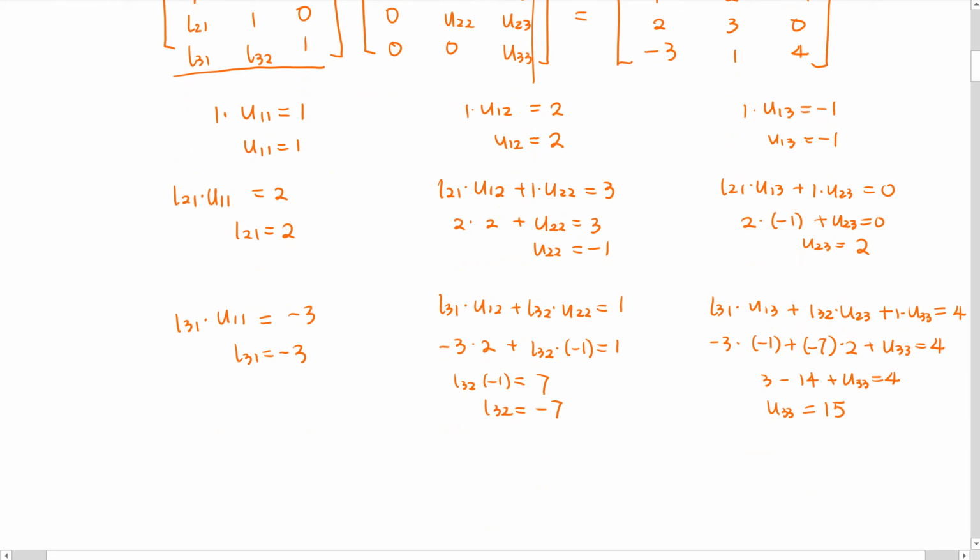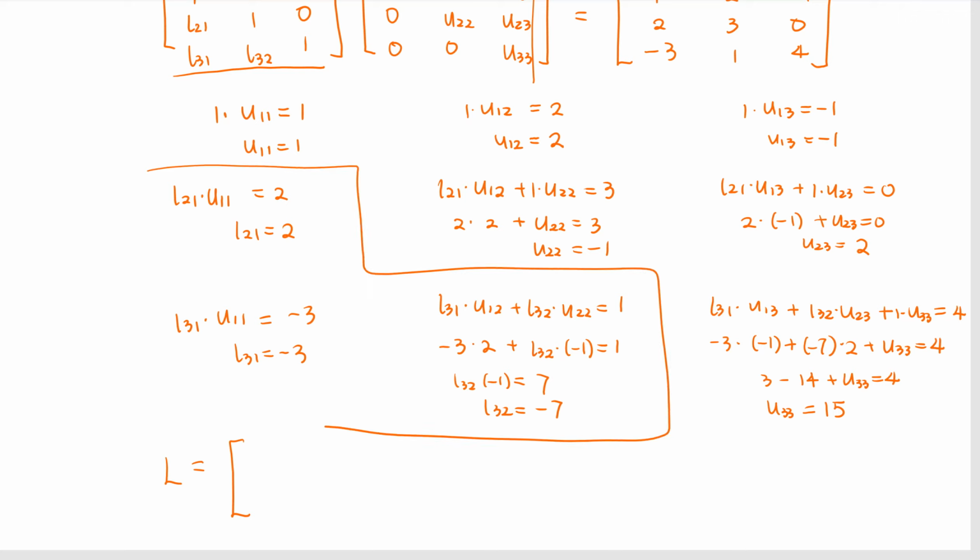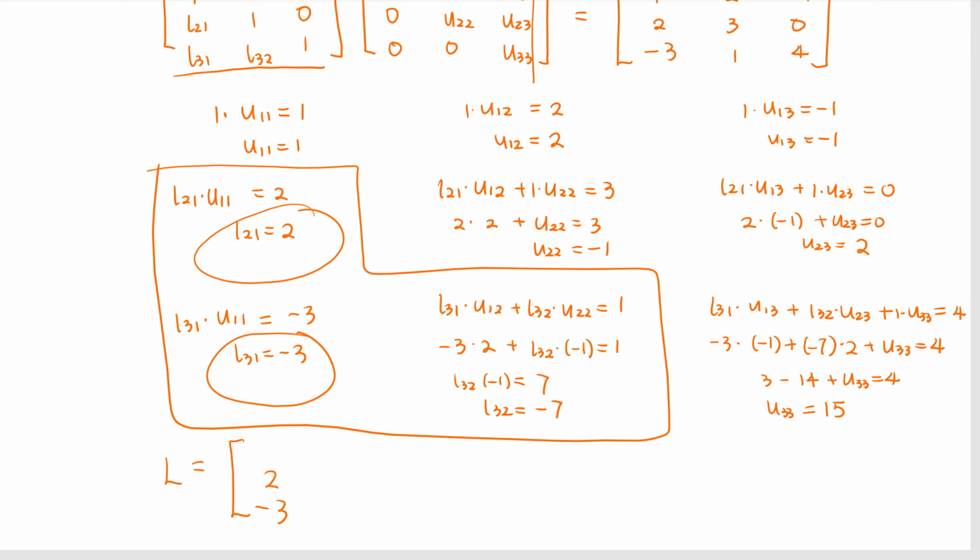Okay, now what is our L? Well, remember, look at this spot. The funny thing is, this is the L, and this guy, we're going to put it here. This guy is actually here. This guy, L32, is minus 7.